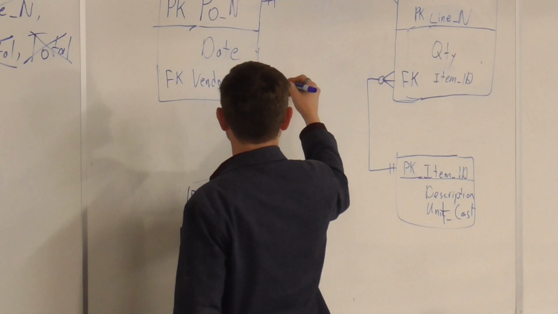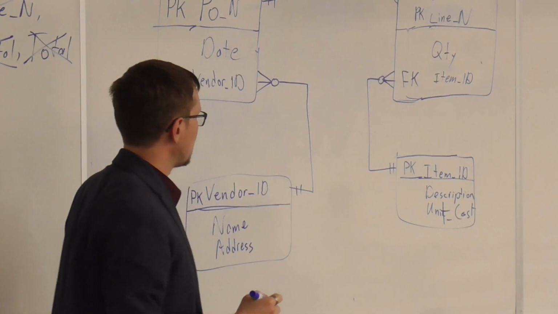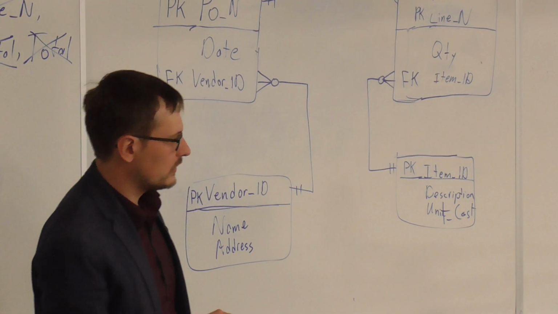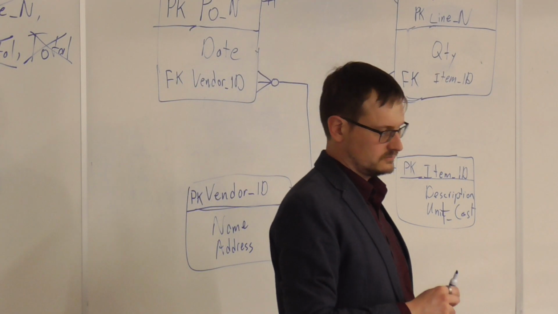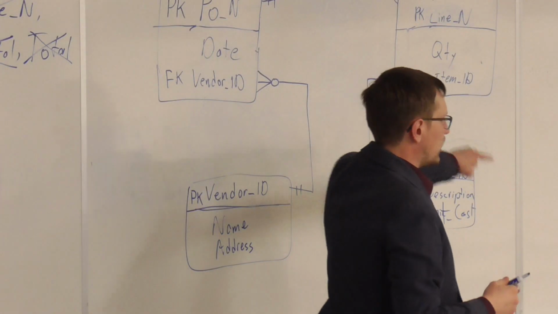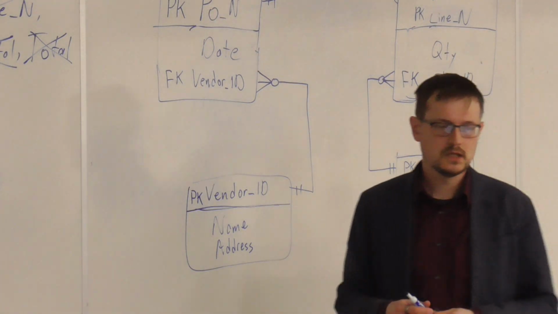It's also fancier to put all of your symbols on the same side of the table, if possible. There you go. Ta-da! By the way, on the slides, I put that here, but there you go.